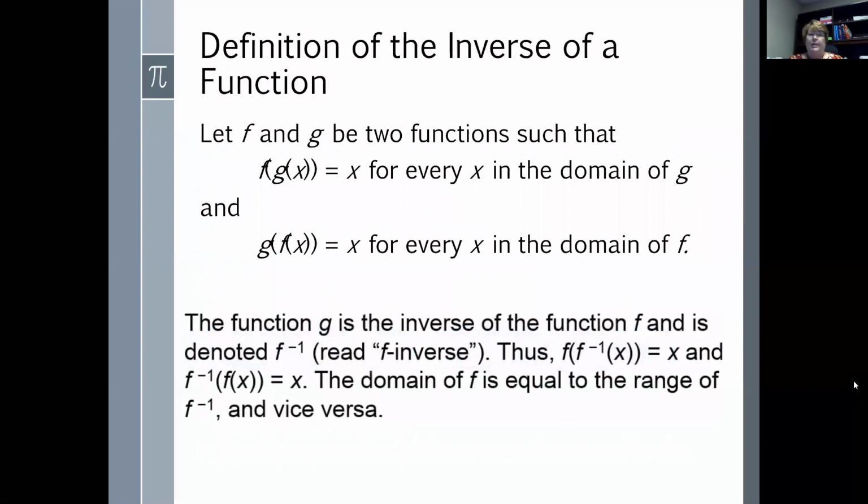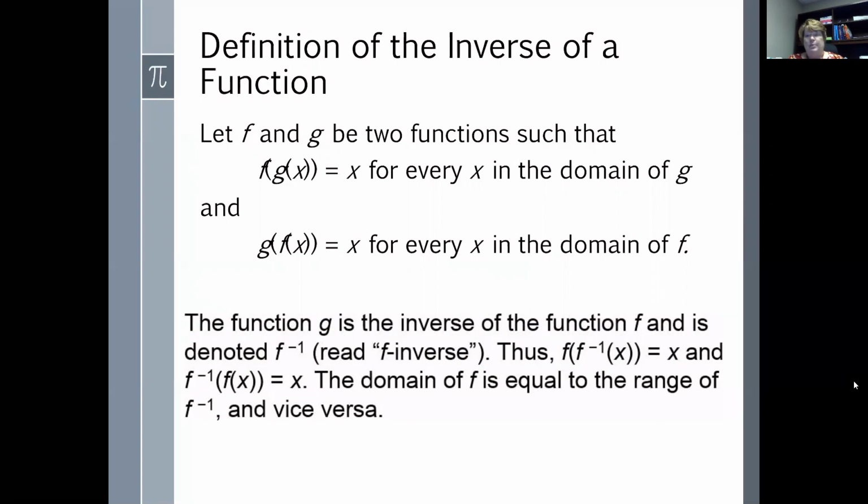So let's get a definition. The definition of the inverse of a function. Let f and g be two functions such that if I evaluate f at g of x and I get x for every x in the domain of g, and if I evaluate g at f of x and that is equal to x for every x in the domain, the function g is the inverse of the function f, and is denoted with this notation f with an exponent of -1, which is read f inverse.